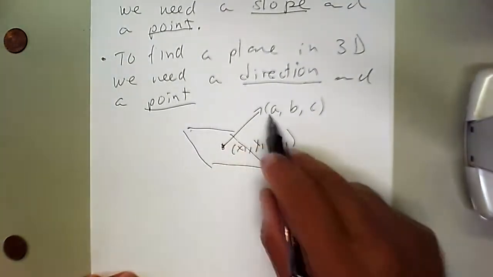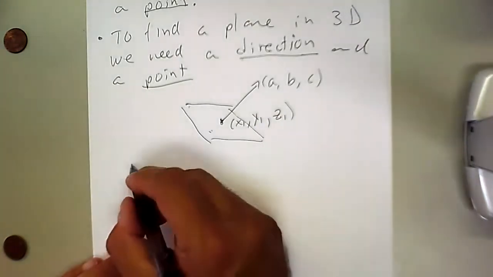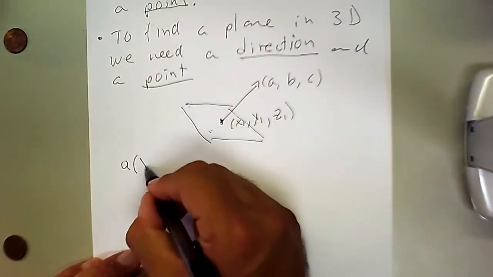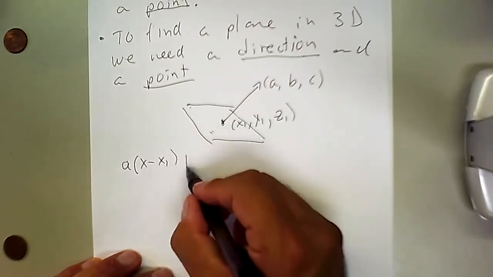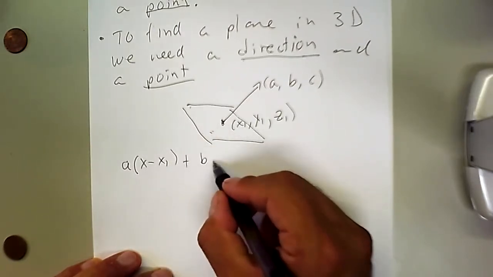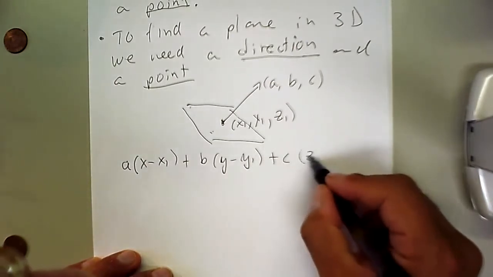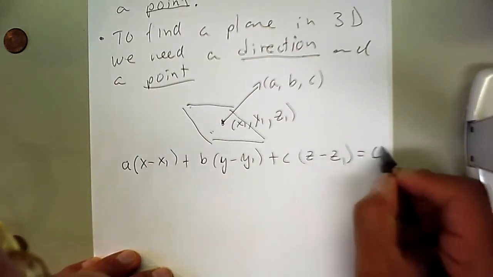How do we find the equation of this plane? Well, initially we can write it as A(x minus x1) plus B(y minus y1) plus C(z minus z1) equals 0.